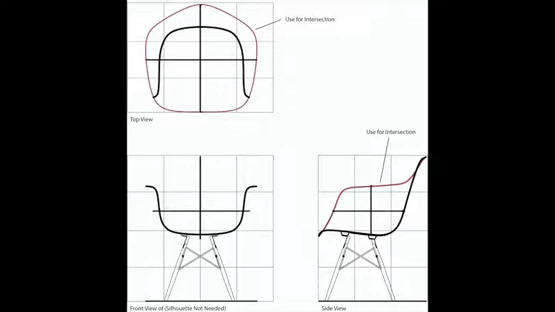You're going to draw that on the ground plane, and then you're going to draw the intersection or the silhouette of the shell, the top surface of the shell, from a side view as well. And we'll put that on the center vertical plane, running front to back.